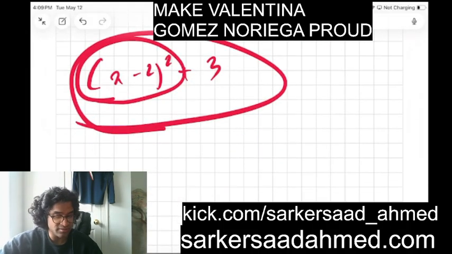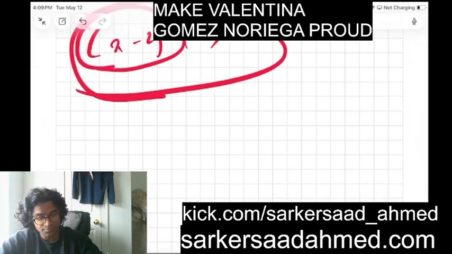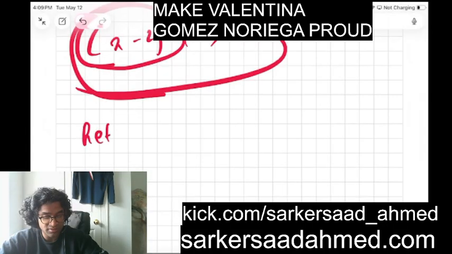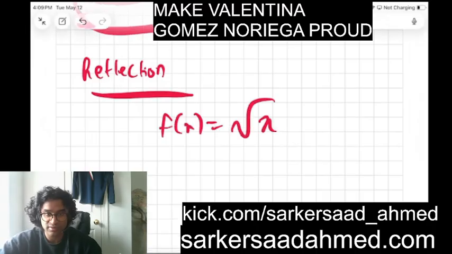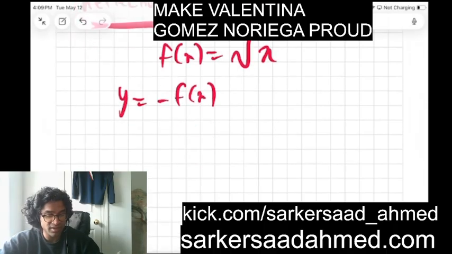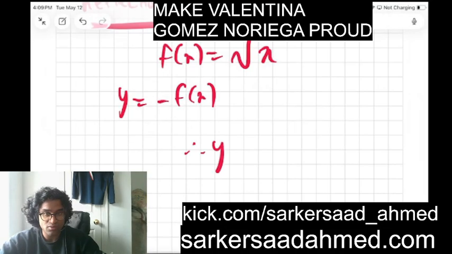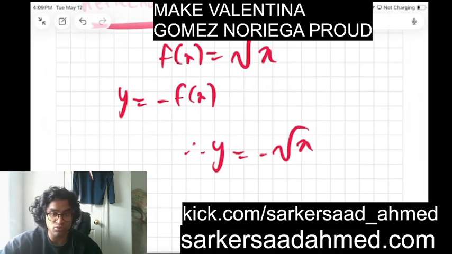We'll do a different example. Let's say reflection. Let's say f of x is equal to the square root of x. Now I know that for reflection, I'm going to have y equals minus f of x. So this will just be y equals minus root of x, right?